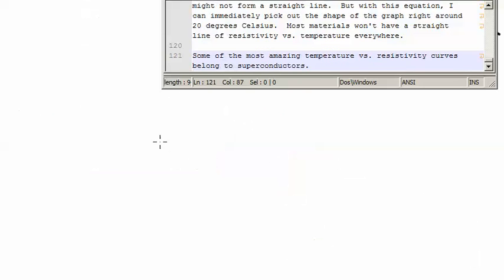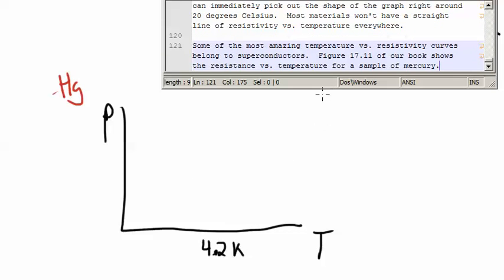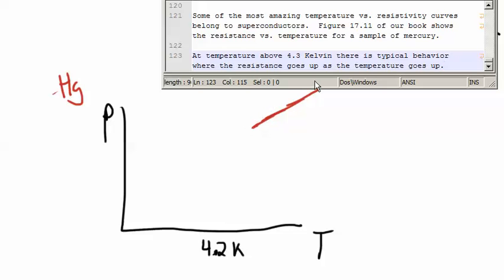Some of the most amazing resistivity versus temperature curves belong to superconductors. Figure 17.11 of our book shows the resistance versus temperature for a sample of mercury. And at temperatures above 4.3 Kelvin, there is a typical behavior where the resistance goes up as the temperature goes up.